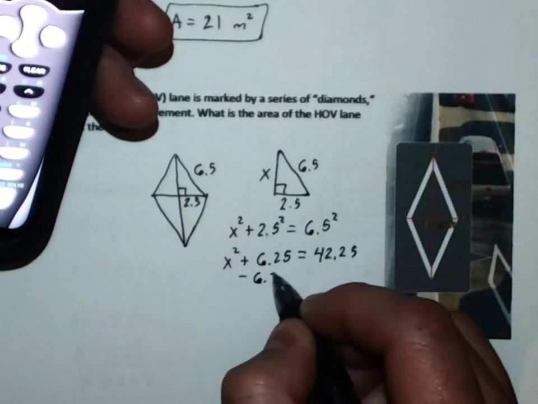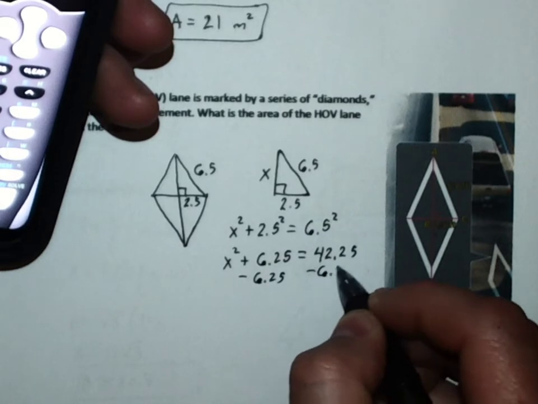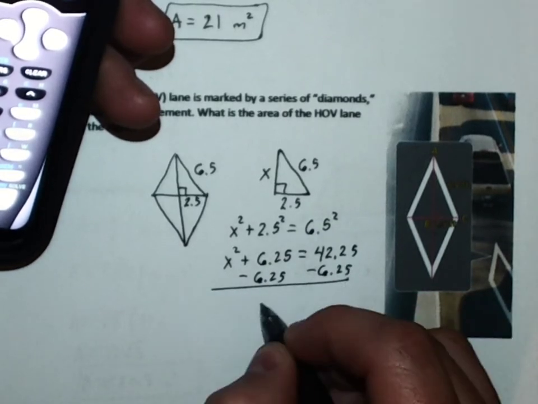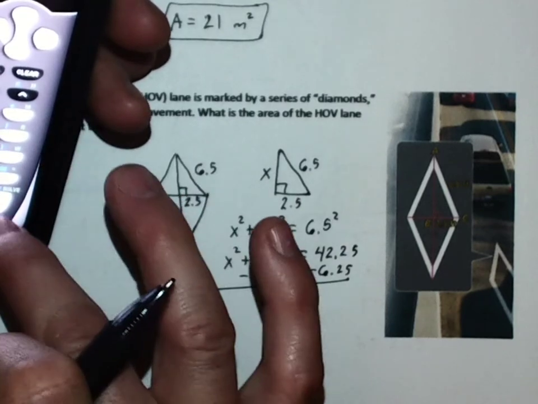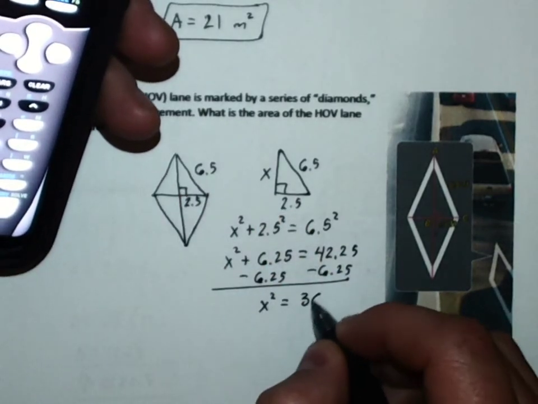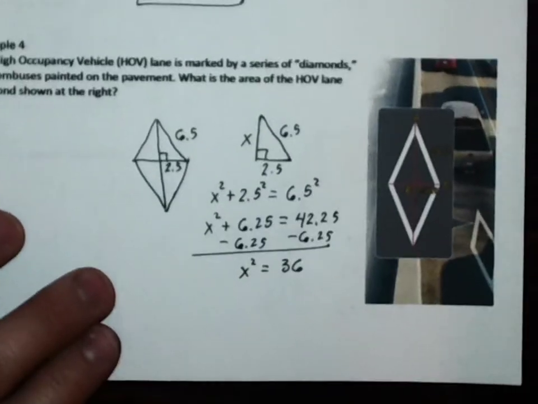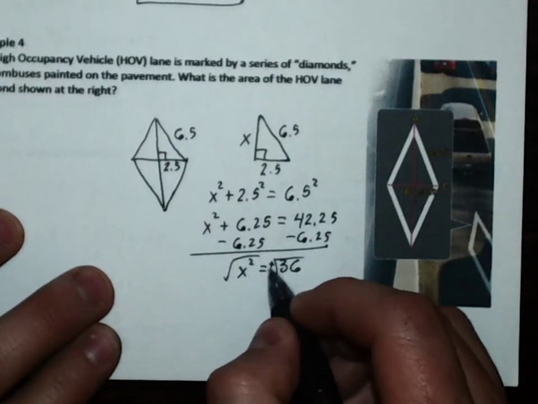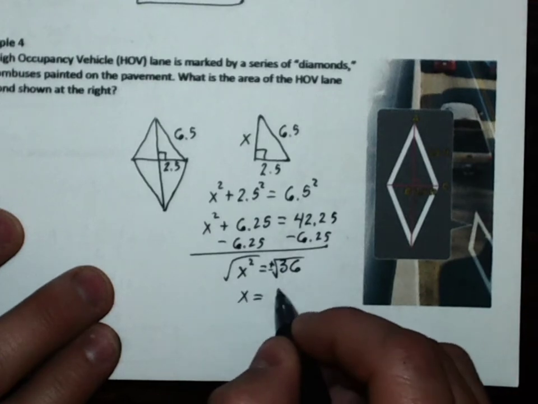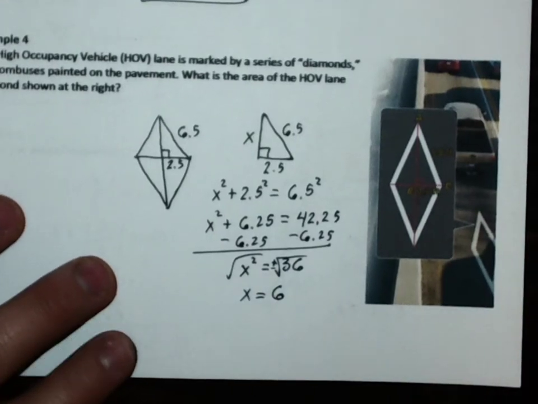Subtract 6.25 and we get that x squared equals 36, which is nice. And then I can take the square root. Technically speaking, it's plus and minus, but since we're talking about a distance, we're only going to use the positive.